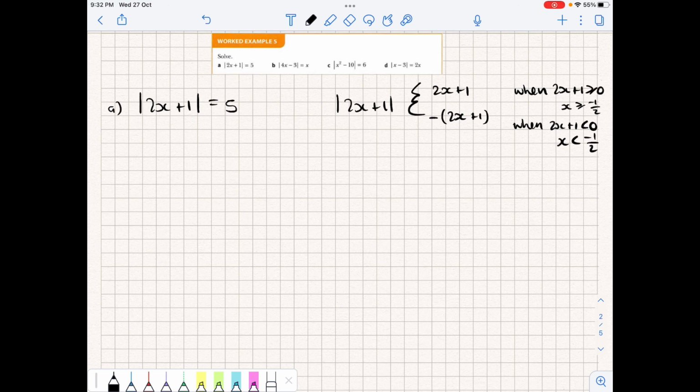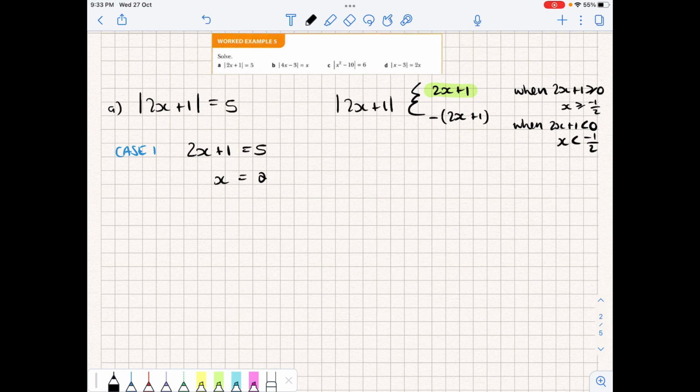So let's consider the two different cases. Let's consider case 1. We'll consider the case where 2x plus 1 is positive, and it's equal to 5. And we'll just solve for x. So we can see x is going to be equal to 2.